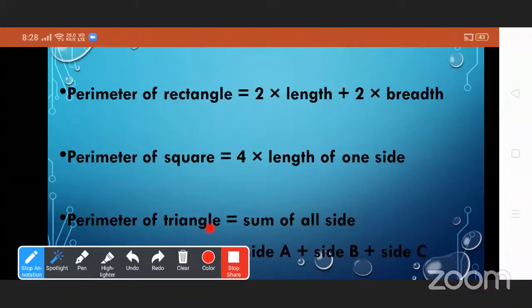Now perimeter of a triangle is very easy to find. If the sides are given, we add all sides: side A plus side B plus side C. By adding all sides, we get the perimeter of that triangle.